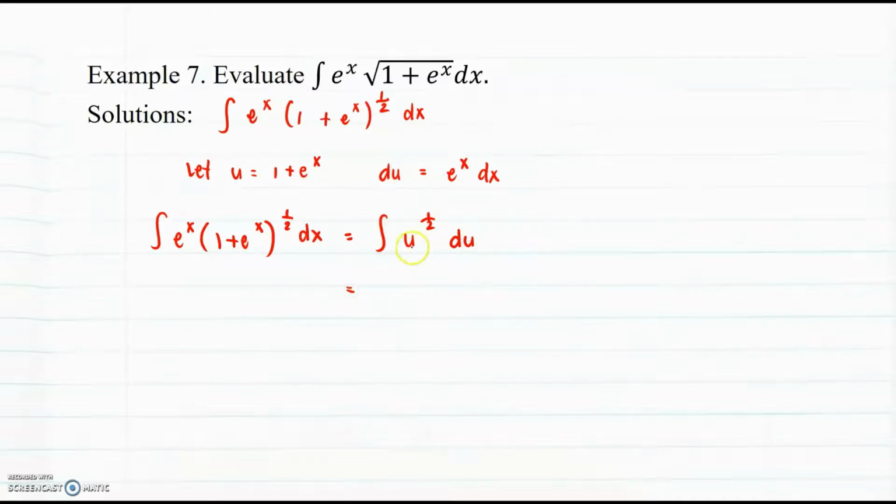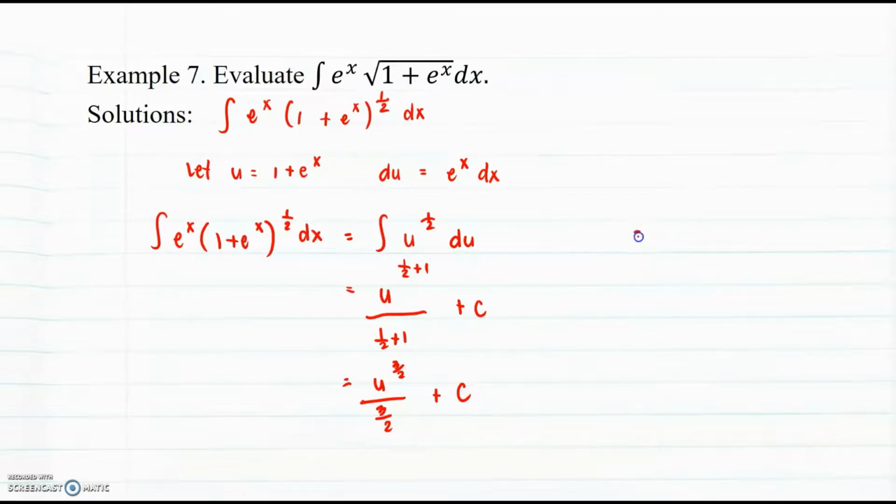Now, finding the integral, we apply the general power rule. That would be u raised to 1/2 plus 1 over 1/2 plus 1, plus c. So we have u raised to 3/2 over 3/2 plus c.